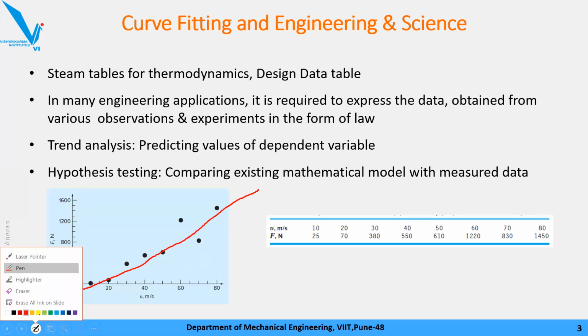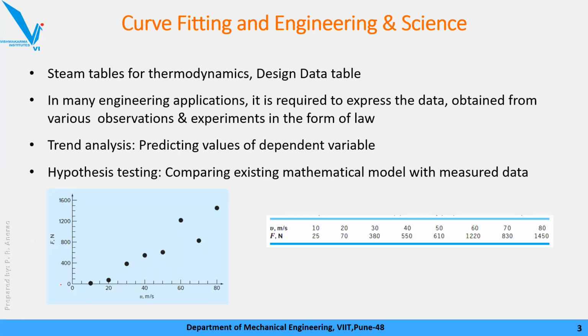Now if you look at the application, in the second year when you studied the thermodynamics subject, for solving some numericals, enthalpy, entropy value numericals, you might have used the steam tables. And if you look at the steam table, you will find that not for each and every point do you have the output parameter. For example, for a particular temperature range enthalpy is given. So for 100 degrees Celsius I have this enthalpy, and for 105 degrees Celsius I have a new value of enthalpy.